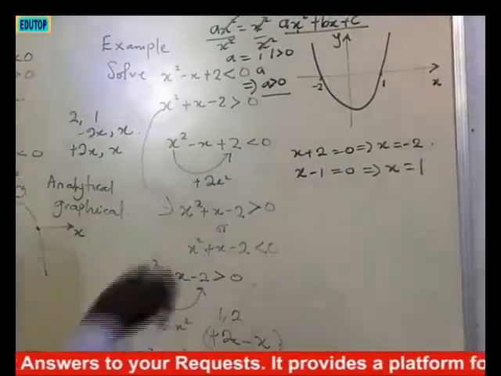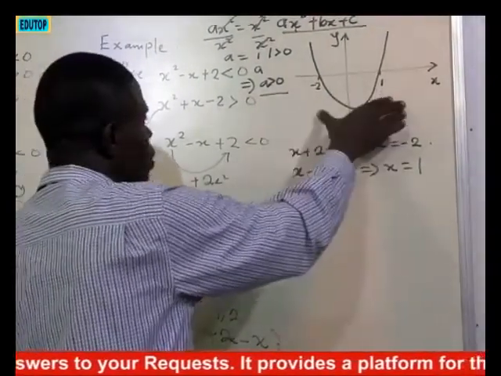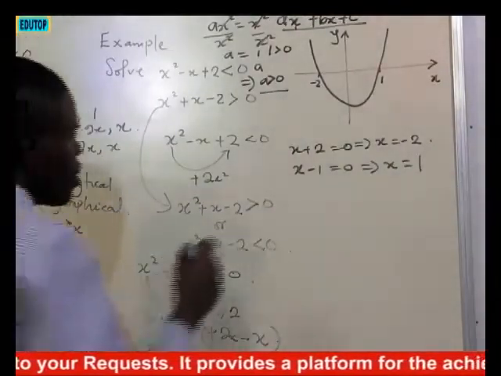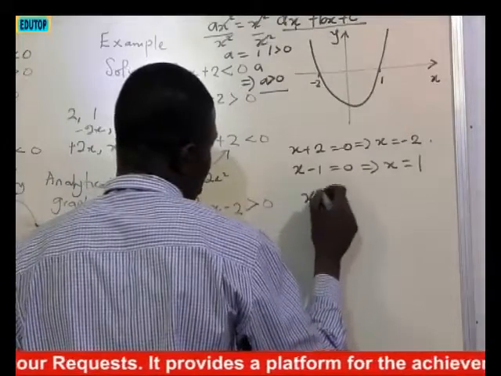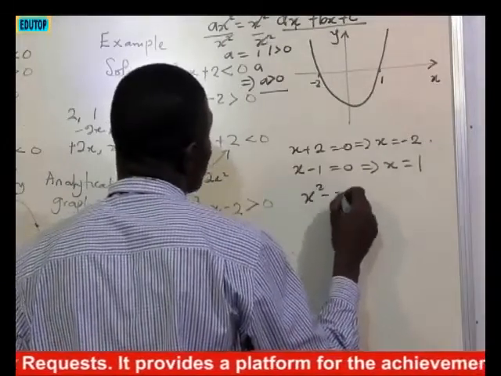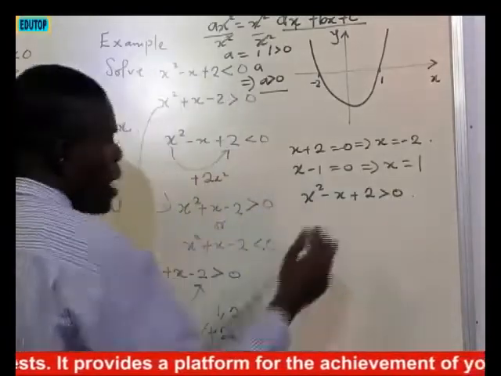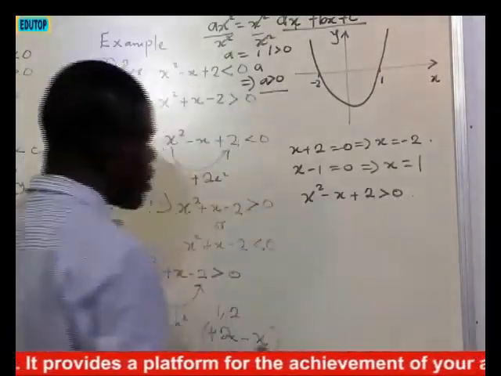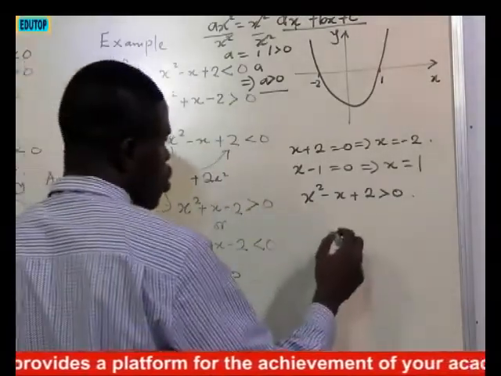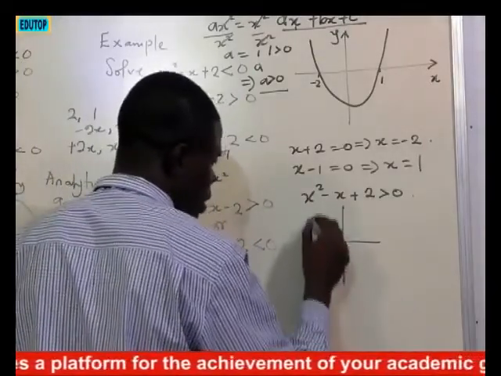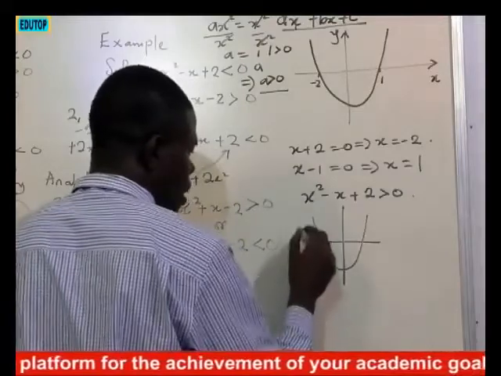Having calculated this, now the next thing is you know that we are considering a quadratic inequality of this pattern. Now, when this is greater than 0, what it means is that, take note, since your curve is this way, this is a positive region.